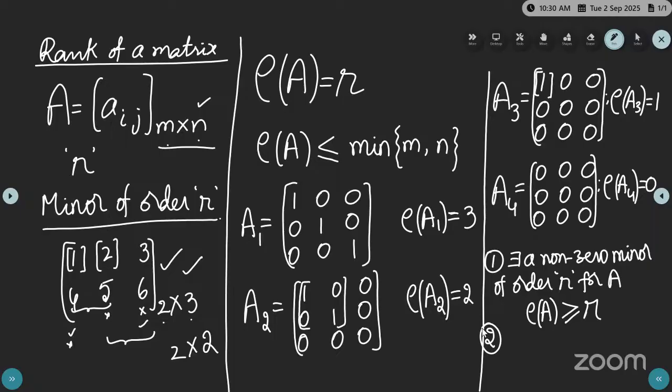See, in A1, all minors of order 3 are non-zeros. Its rank is 3. Coming to A4, all minors of order 3 are zeros. What is the rank? A3, all minors of order 3 are zeros.